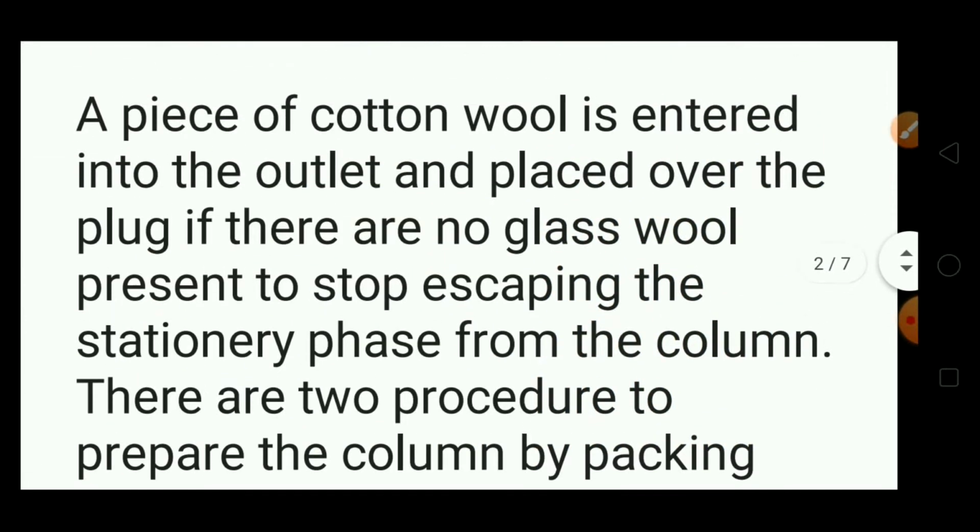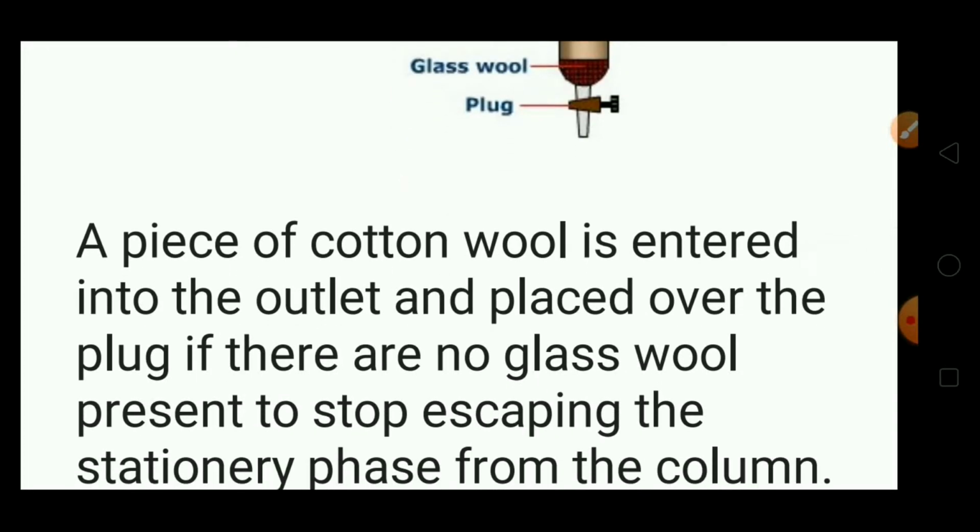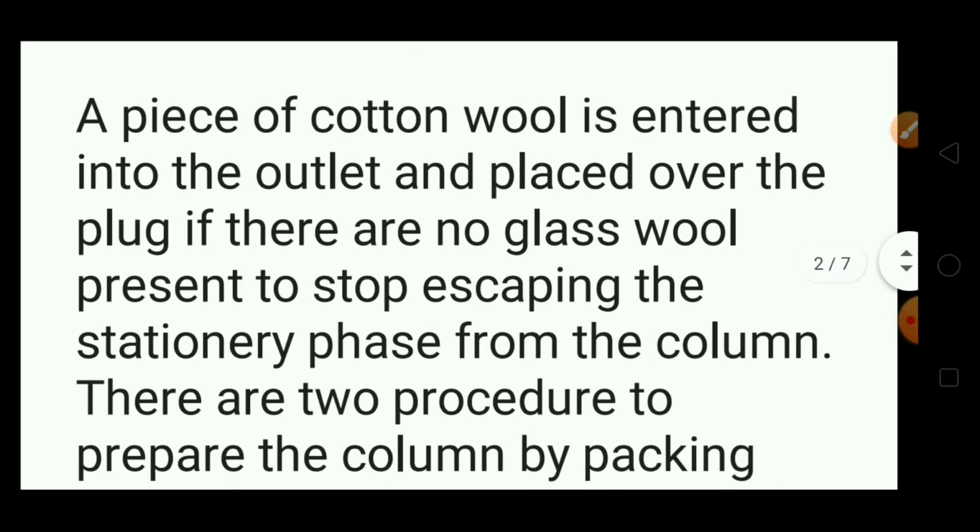I repeat: a piece of cotton wool is entered into the outlet and placed over the plug. If there is no glass wool present, the stationary phase would escape from the column.